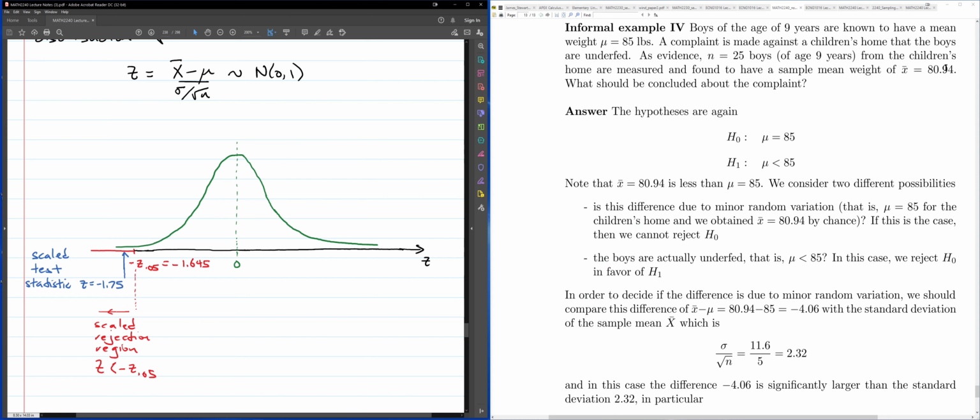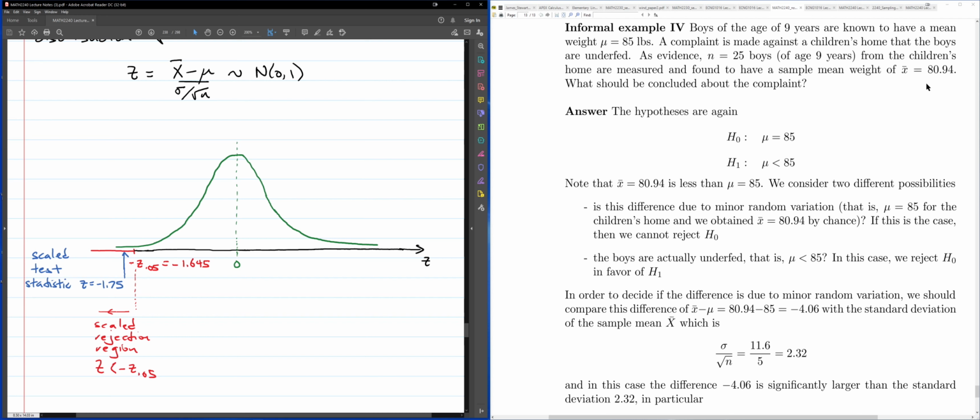The chances of getting this 80.94 is really the probability of you ending up with a value inside this red interval over here, and the probability of ending up inside this red interval by chance alone is 0.05.